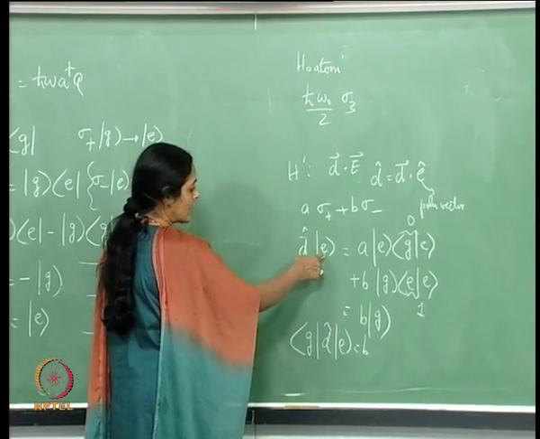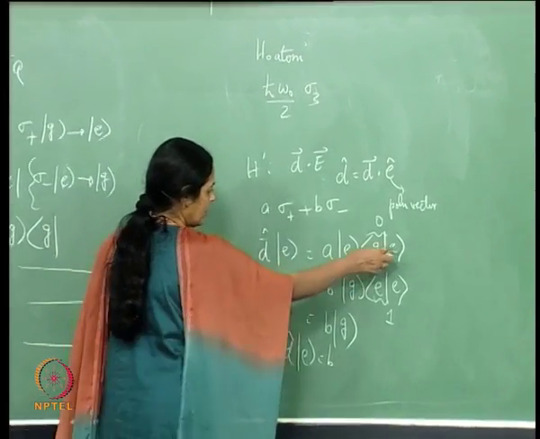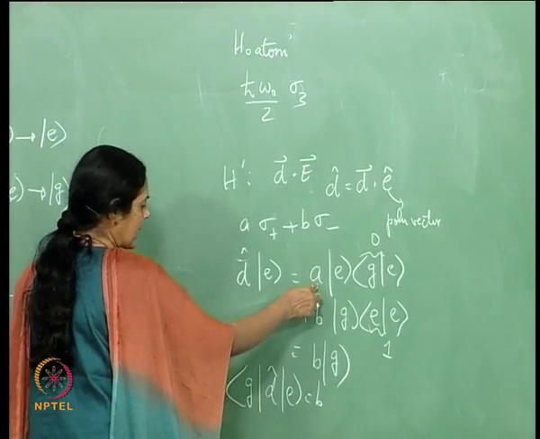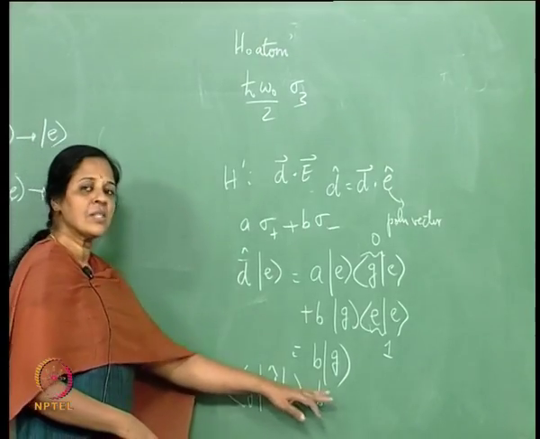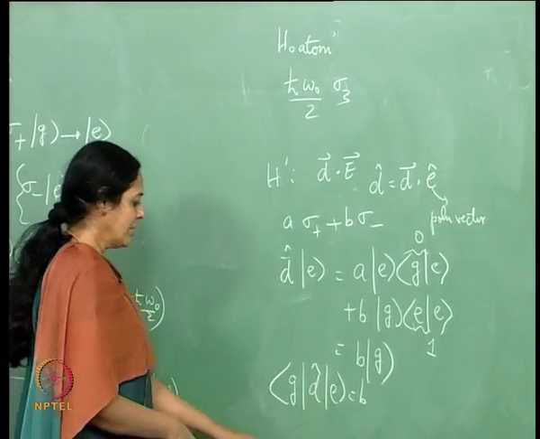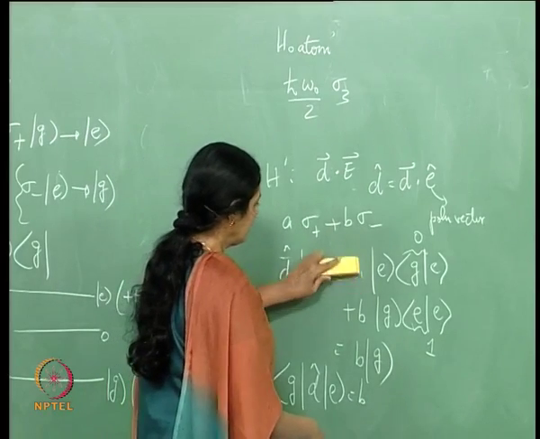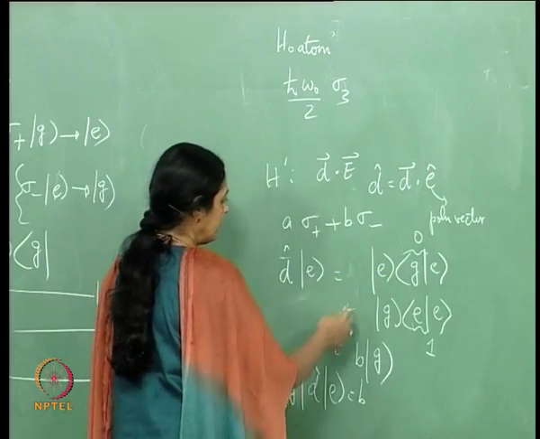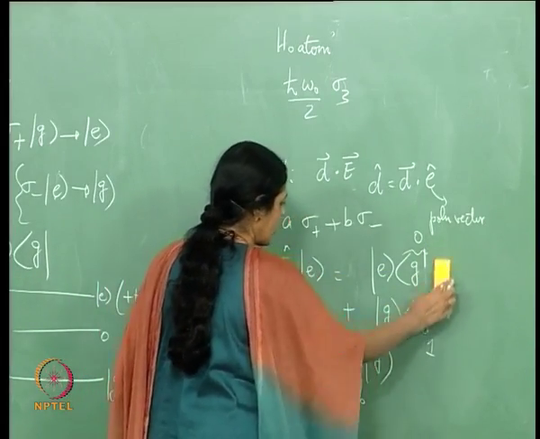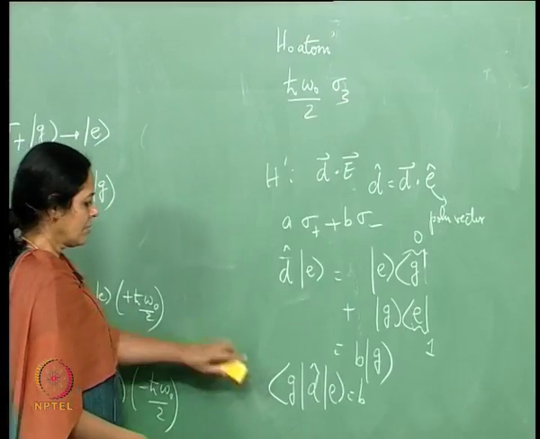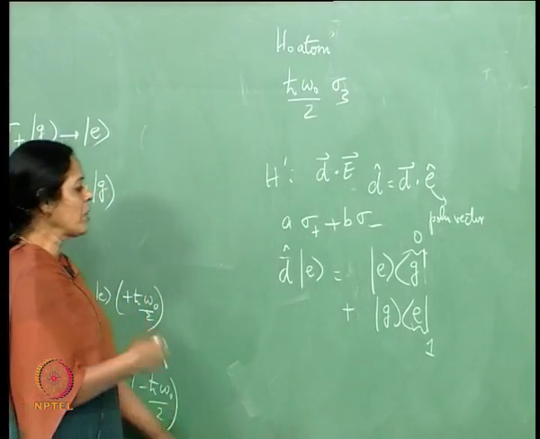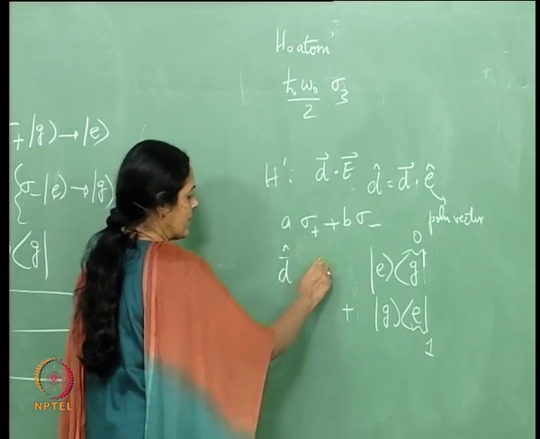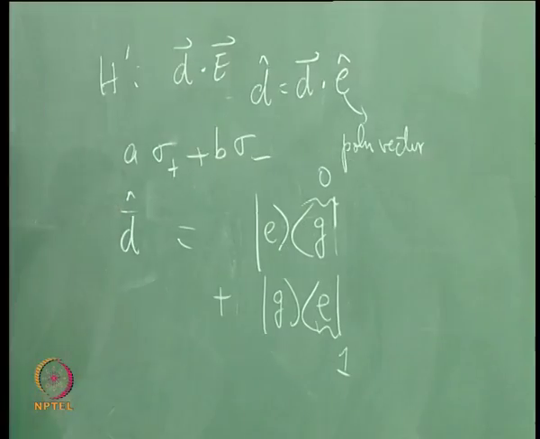On the other hand, if D acts on G, it will take it to E, and this term will be 0, and I get an A, but one is the Hermitian conjugate of the other, and therefore I will just say it is E G plus G E. So that would be my argument for writing the operator D in terms of sigma plus and sigma minus.